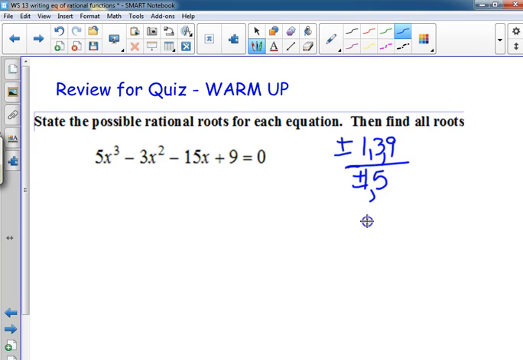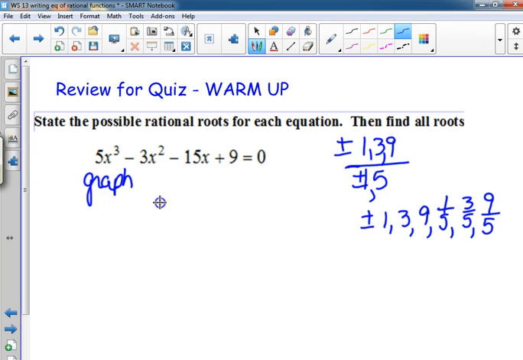So what's the list look like? 1, 3, 9, 1/5, 3/5, and 9/5, and plus or minus. The good news is fifths are decimals, nice decimals, right? But all right, so we graph and we see that 3/5 works. Okay.